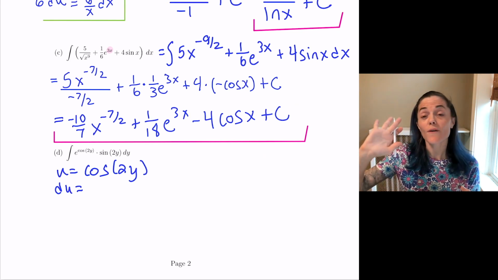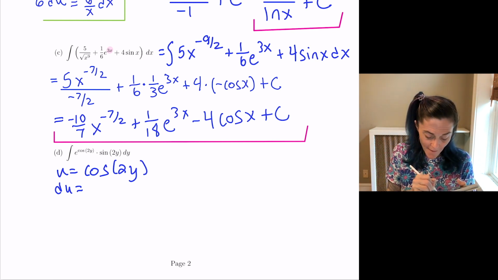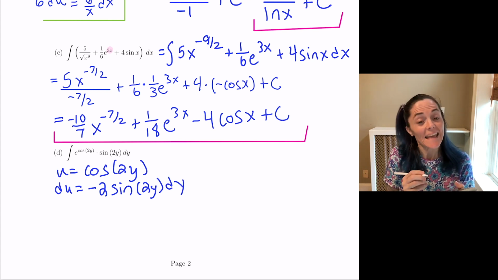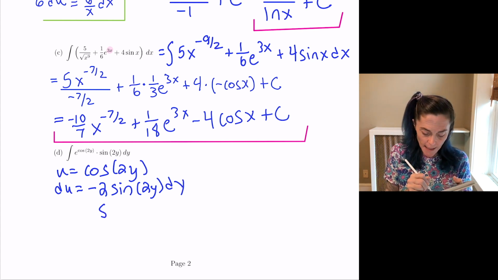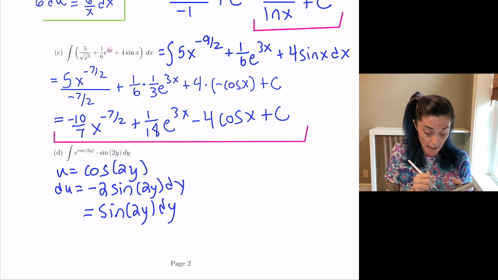So the derivative of cosine is minus sine. And then technically we have a chain rule here. So du will be minus 2 sine 2y dy. In my integral, I have sine 2y dy. You notice this is negative 1 over 2 du.